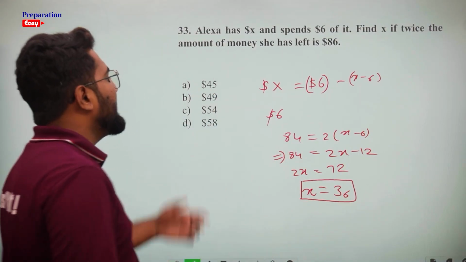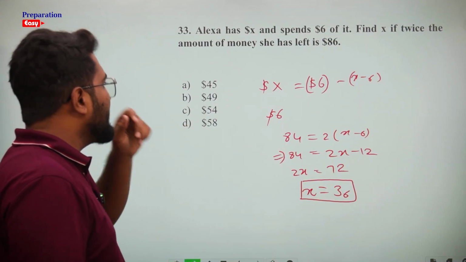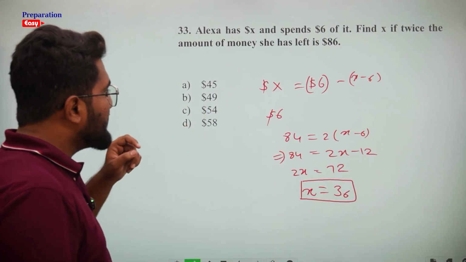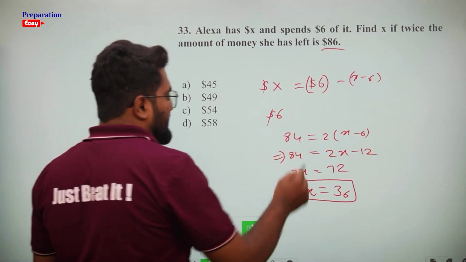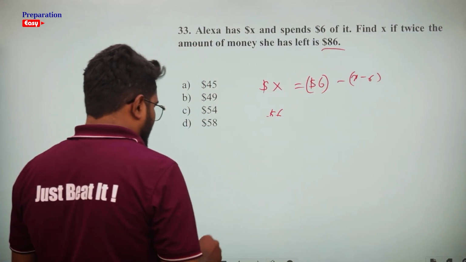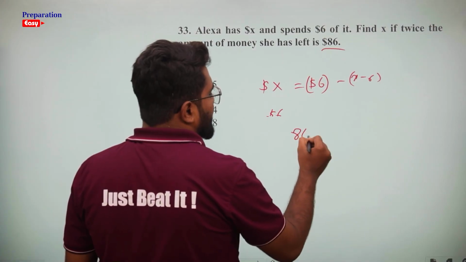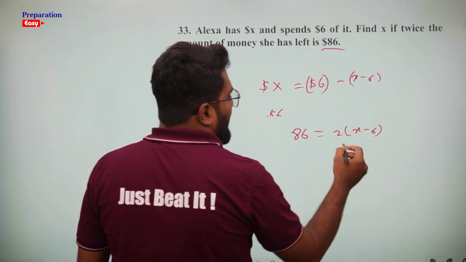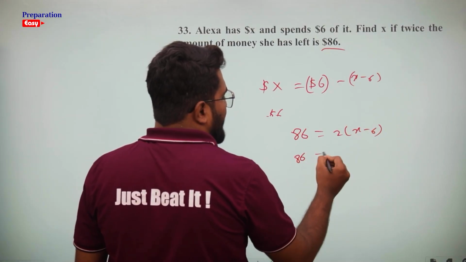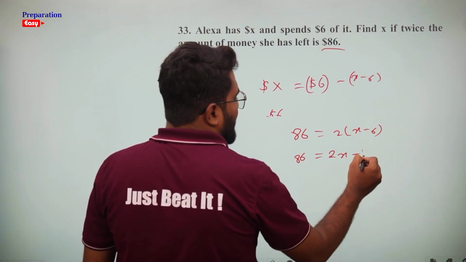But how much had she spent already? $6. Okay, sorry, it is 86, not 84. So we have to consider 86 equals twice of x minus 6, which becomes 86 equals 2x minus 12.